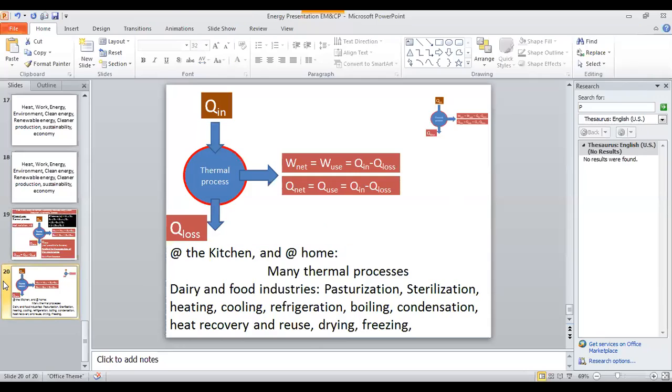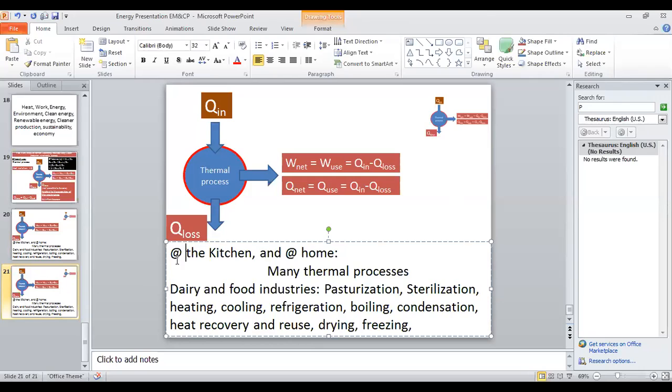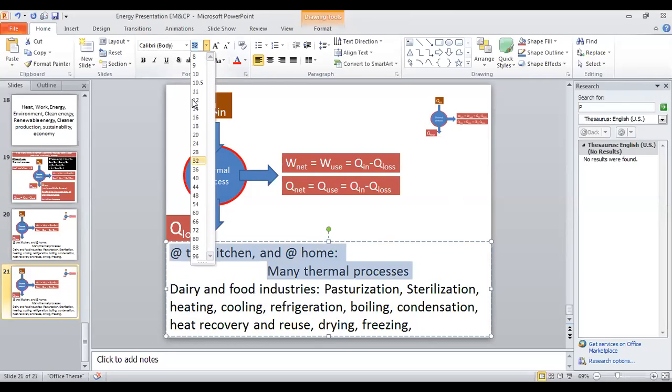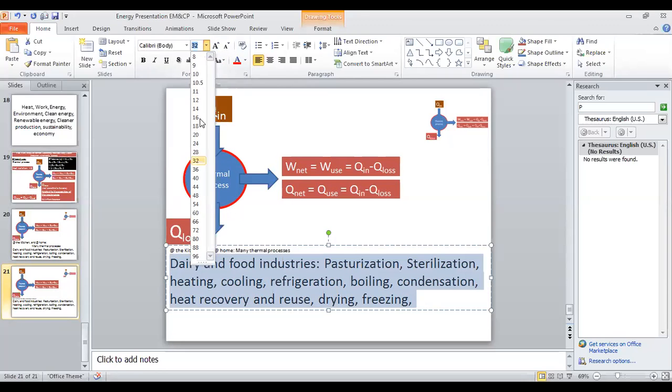Can you understand? So even at the kitchen and dairy, like this way. There should be other industries, let's say dairy and food industry. So I'll make it also smaller. Power plants.